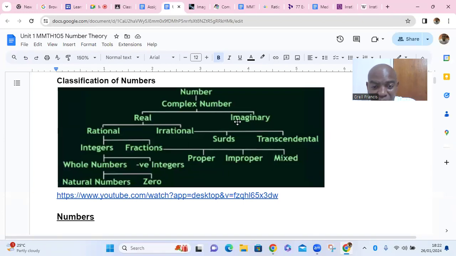The imaginary part stops right there. But then the real part branches off to rational and irrational, which in turn branches off to certain transcendental. So irrational numbers are real numbers. All the other numbers come under real numbers, except imaginary numbers. So please take note of that.